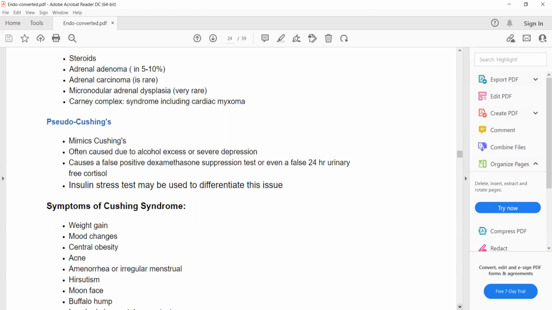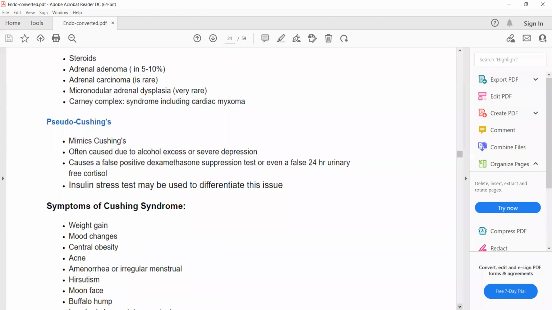The features of pseudo Cushing are just like Cushing syndrome, but the causes of pseudo Cushing, remember two important causes, are either alcohol excess or severe depression.